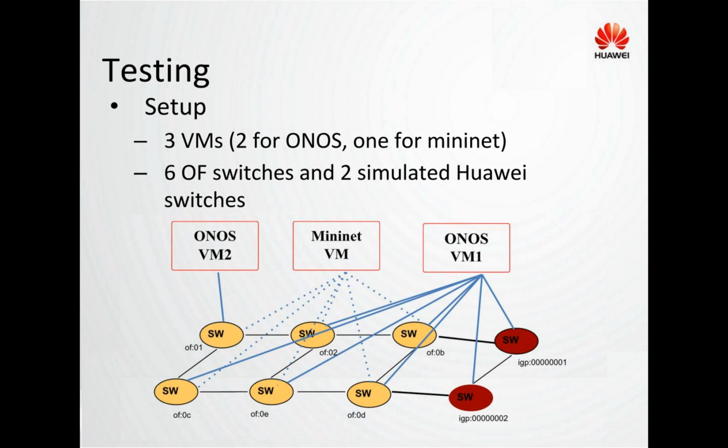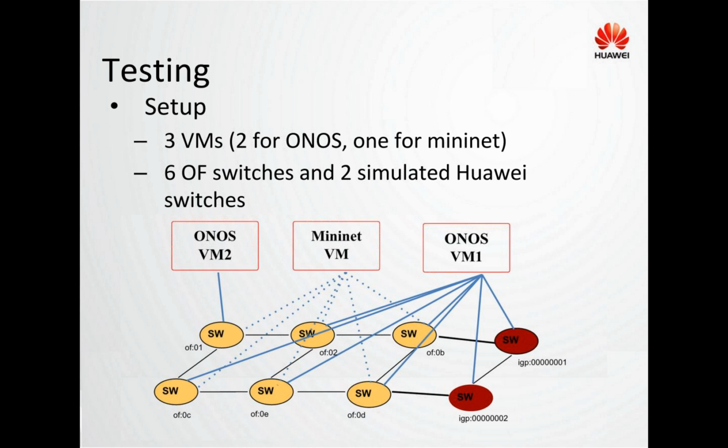Okay, so we also tested our ground implementation. The test setup is we use 3 virtual machines. One is for Mininet to generate a network, and 2 ONOS instances. One controls 7 switches, and another one controls 1 switch.